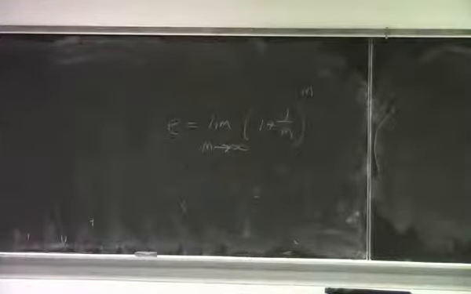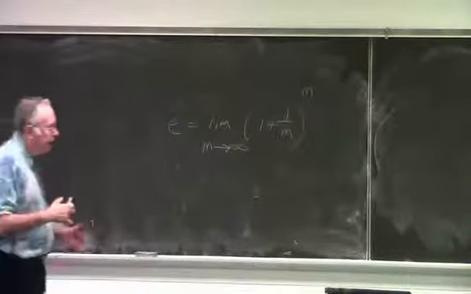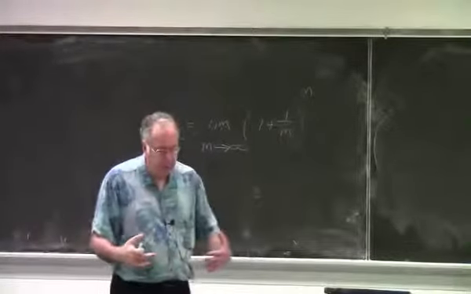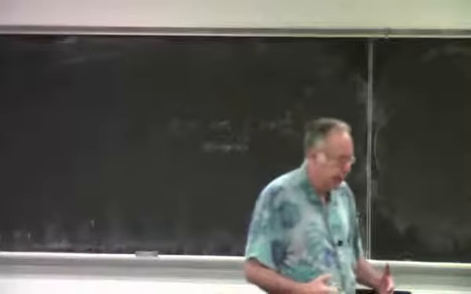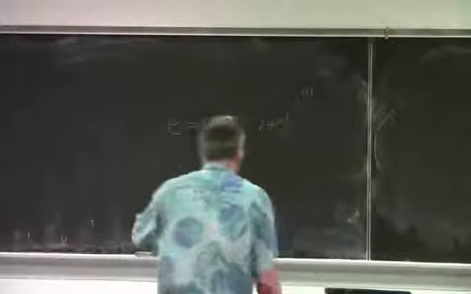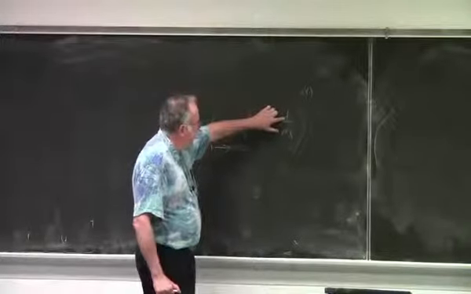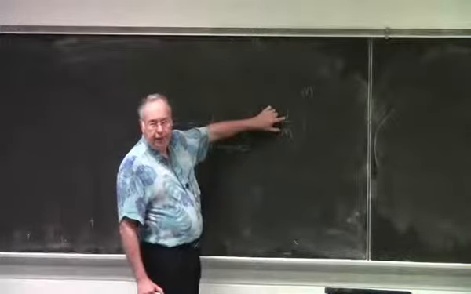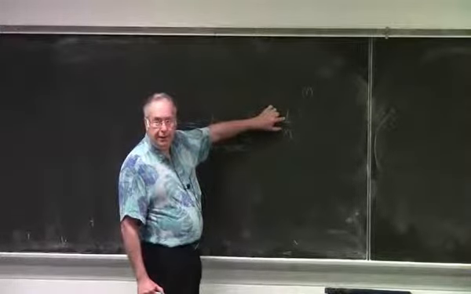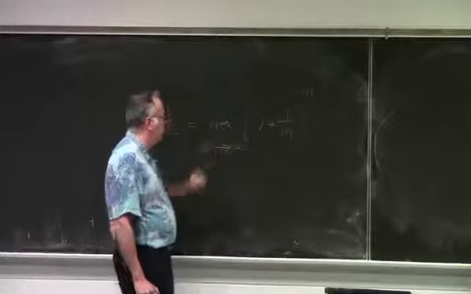Okay. And it's very similar to what we just did. For example, the only difference is instead of a 1 here, we had the interest rate. But otherwise, it's exactly the same. Let me show you.